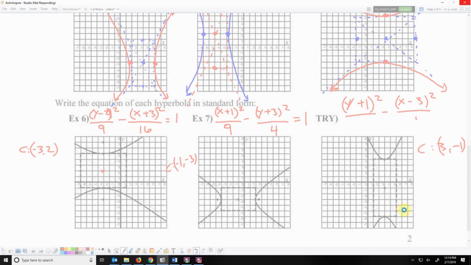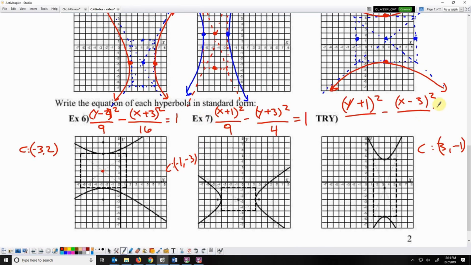Computer's been pretty slow since I've had an update. All right, after a lengthy pause, we are back. Okay, so now I have a vertical dilation first. 1, 2, 3, 4, 5 squared is 25. And the horizontal dilation, 1, 2 squared is 4.